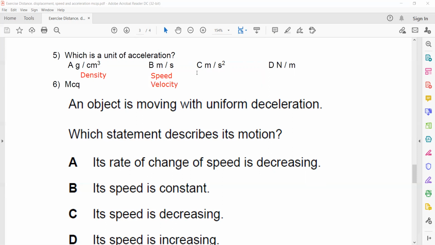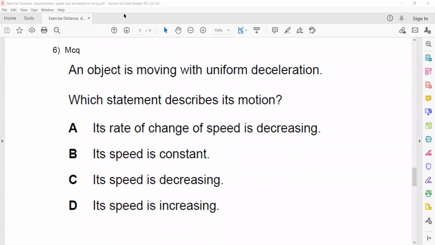Meter per second square is a unit for acceleration. Newton per meter, actually it's Newton per meter square, represents the pressure. So C is the right answer, which represents acceleration.